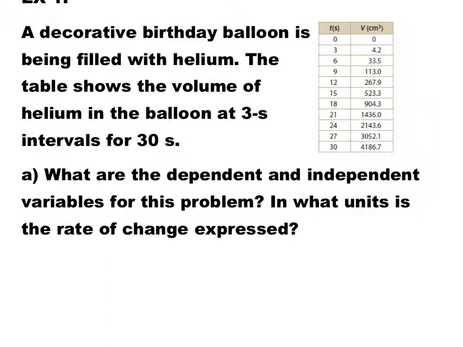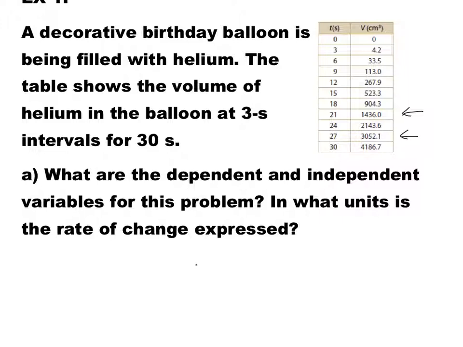The next rate of change that we have to find is between 21 seconds, which is here, and 27 seconds, which is here. You can see that the points P and Q, or A and B, are getting closer and closer together.